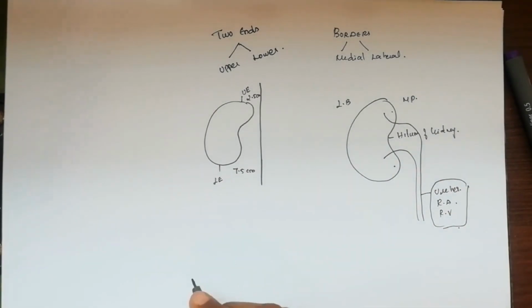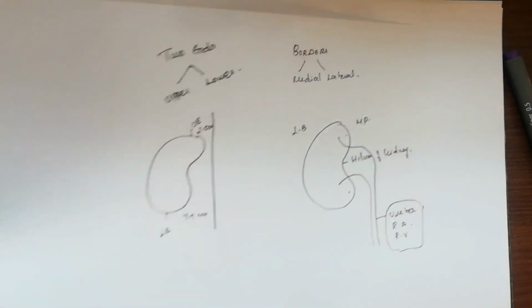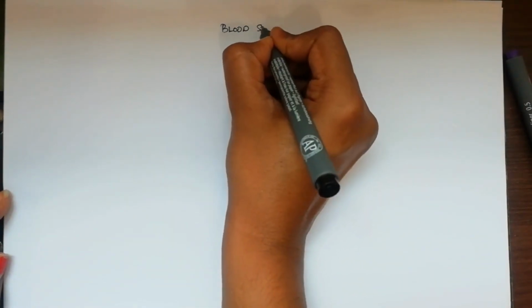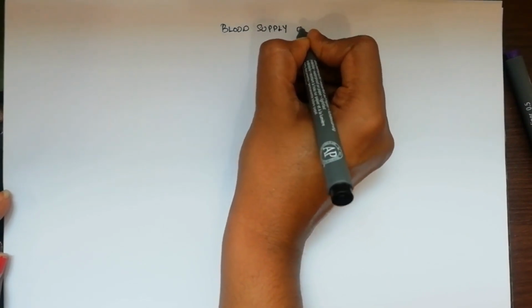Now we will move on to arterial supply of this particular organ, arterial nerve supply, venous drainage and lymphatic drainage. So first we will deal with blood supply. Blood supply of kidney.